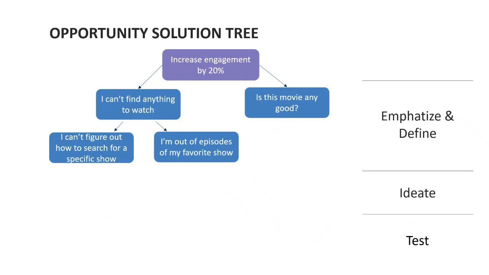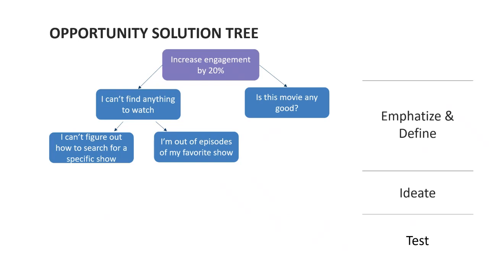So we are focusing on increasing engagement by 20%, and the way to do it is to solve specific customer problems. And one of the problems for a web video platform may be that the person cannot find anything to watch. And if we ask additional questions, it may turn out that they cannot figure out how to search for a specific show.